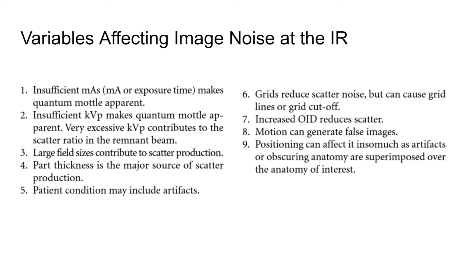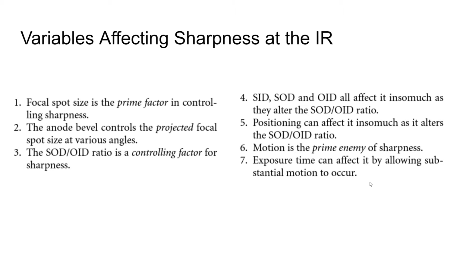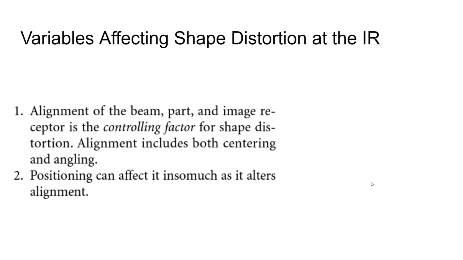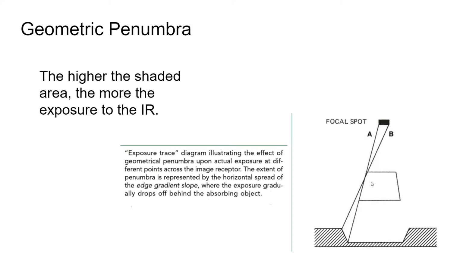All right, I'm going to skip the next few slides because they're a summary of everything we just talked about. So you can read these, but they just sum up what we spoke about. I'm going to get to penumbra. So your book uses these trace diagrams. They're kind of weird and hard to figure out, and you have to read them a bunch of times.